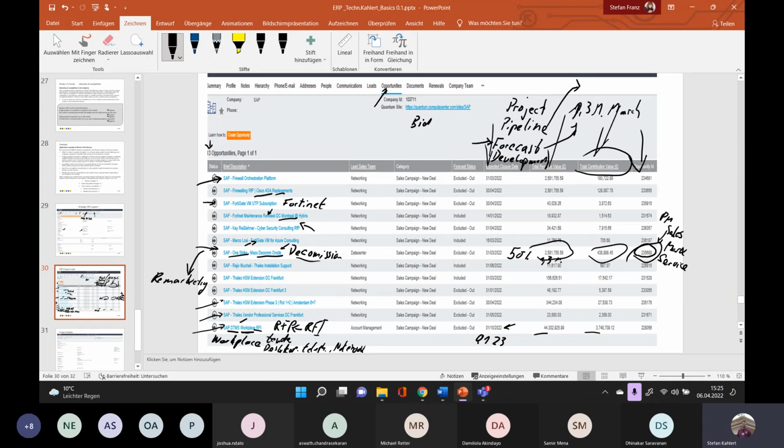Then you would say, okay, I have a pipeline of 44 million, but the forecast is weak, so not plannable. And here you would say, this is in the pipeline, but it's not sure if it comes or not. So this would be a project for pipeline. And this is how you manage your ERP CM tool.